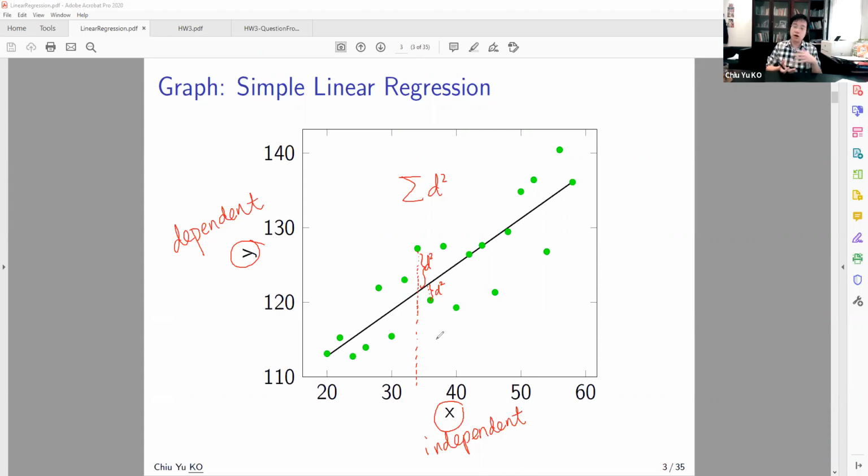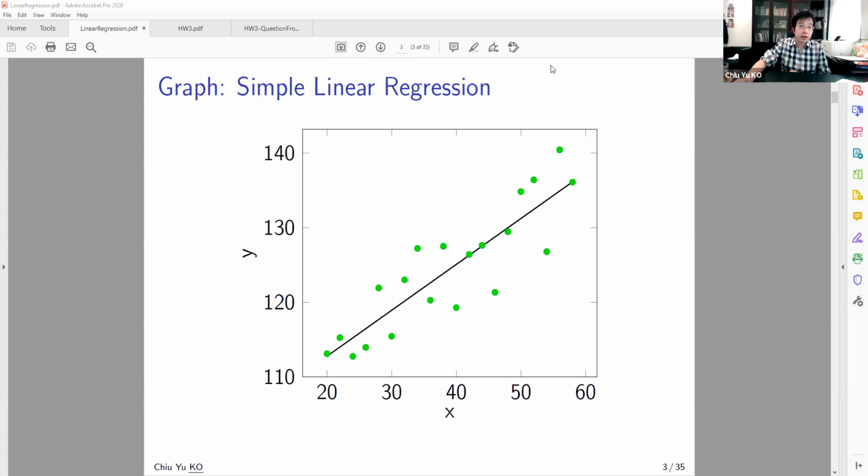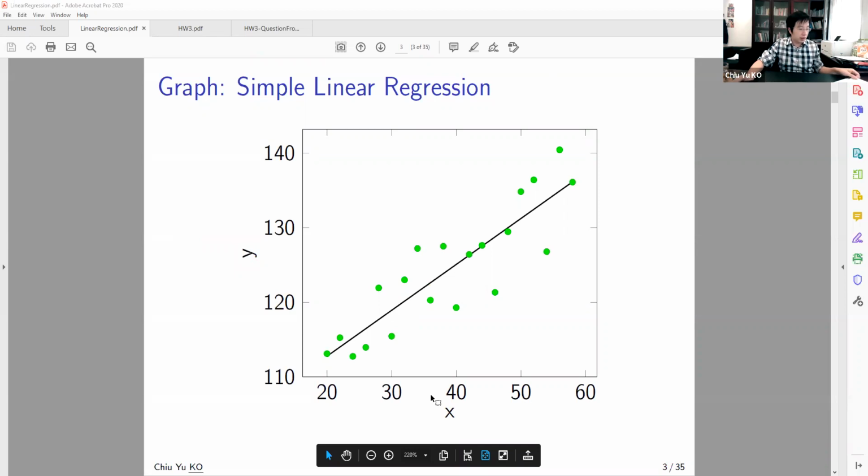Similarly with sales and advertising: as a manager, you can decide how much to spend on advertising, but sales is something you cannot control. You try to see how advertising drives sales. I hope I have convinced you that x and y are different things, and we try to use the variation of x to explain y.